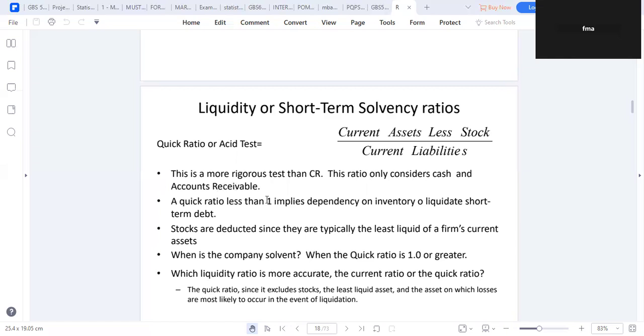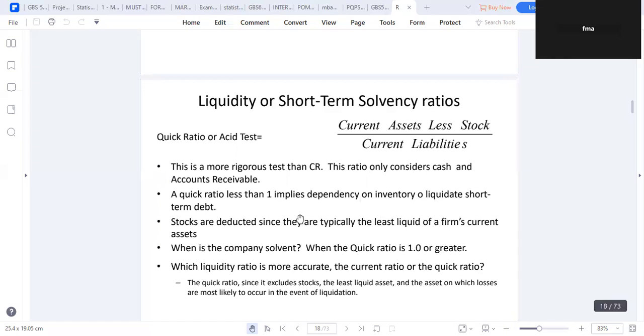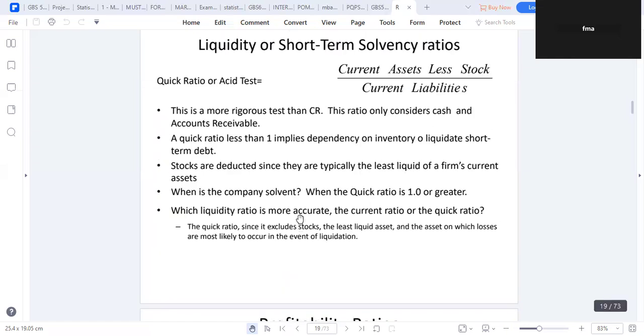So if we have something less than one, we are depending so much on inventory to liquidate our short-term debts. This one is more accurate than the current ratio because it excludes stocks. It excludes the less liquid assets, the assets on which losses are most likely to occur in an event of liquidation.